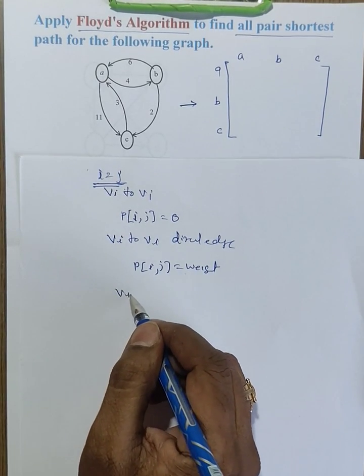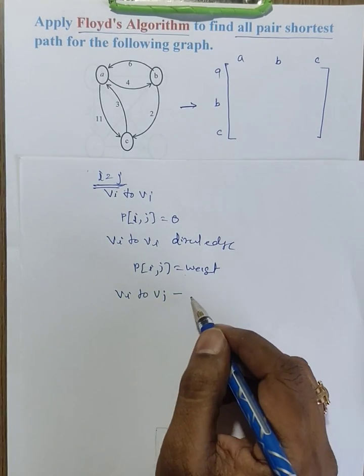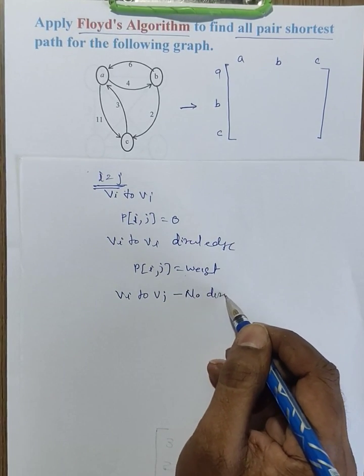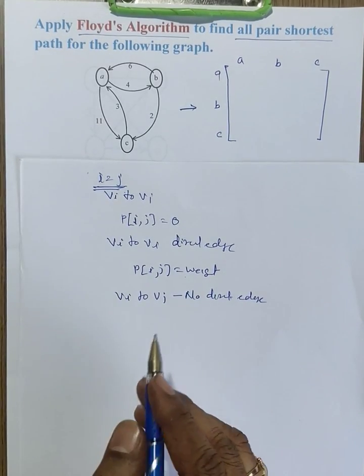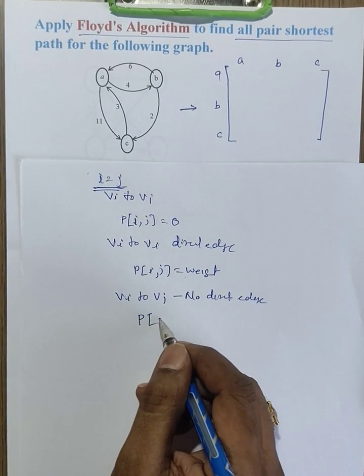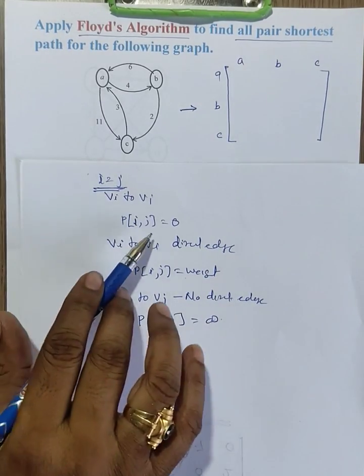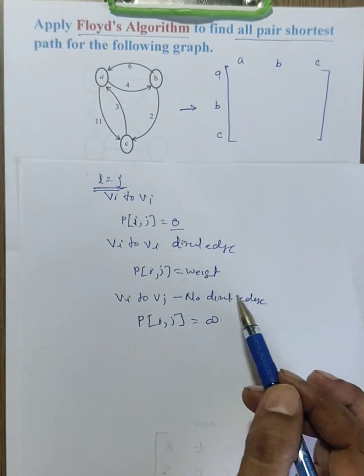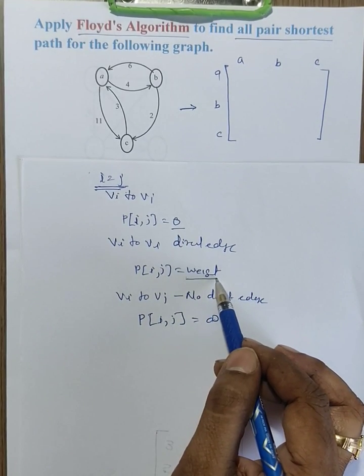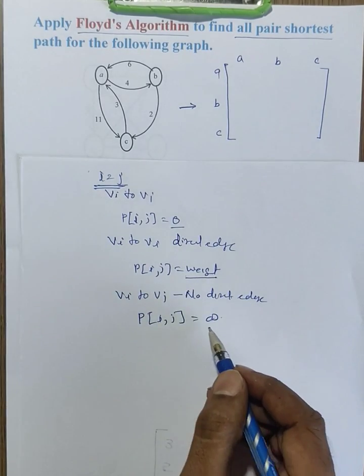Else, if there is no direct edge from I to J, then we write P of I to J equal to infinity. These are the 3 conditions. If I equal to J, both are same, then write 0. If direct edge is there from I to J, write weight, otherwise write infinity.